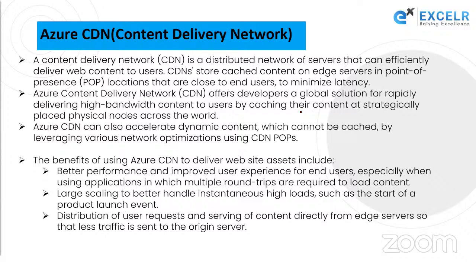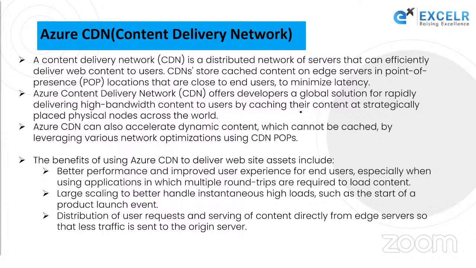When this communication between one POP and another POP happens, it happens on the Azure internal network. That's why you are going to get a very, very fast response. Once the content is cached locally in India, the next user trying to access the same content will have very, very low latency because the data is already there.